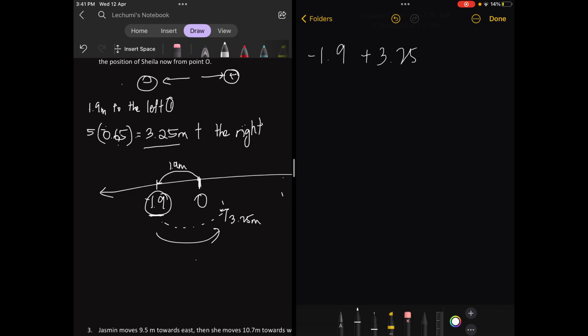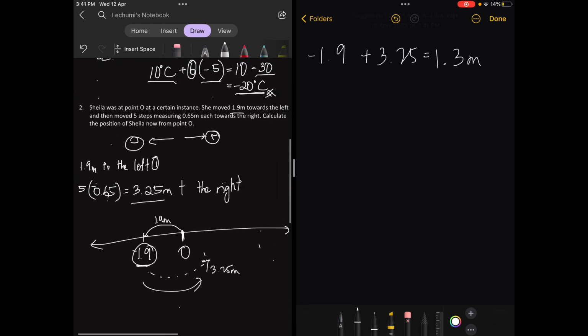So 3.25 minus 1.9, we get an answer of 1.3 meter, which is a positive number. And it's safe to say that Sheila is standing at the position 1.3 meters to the right.